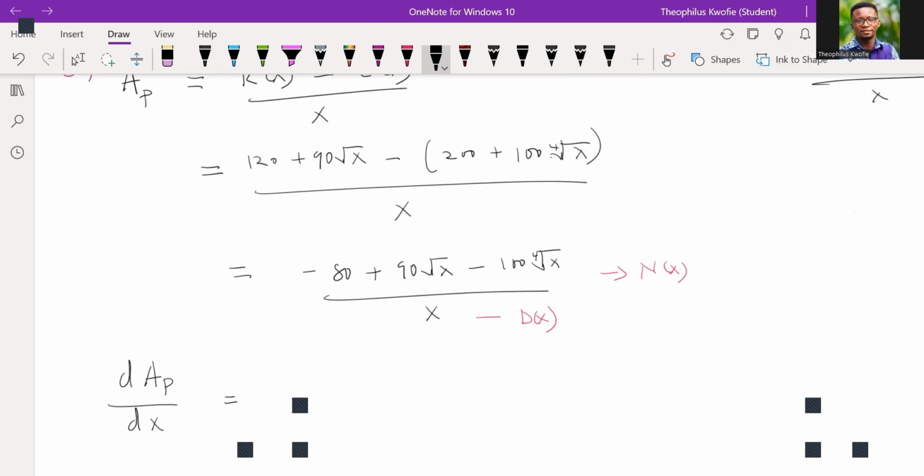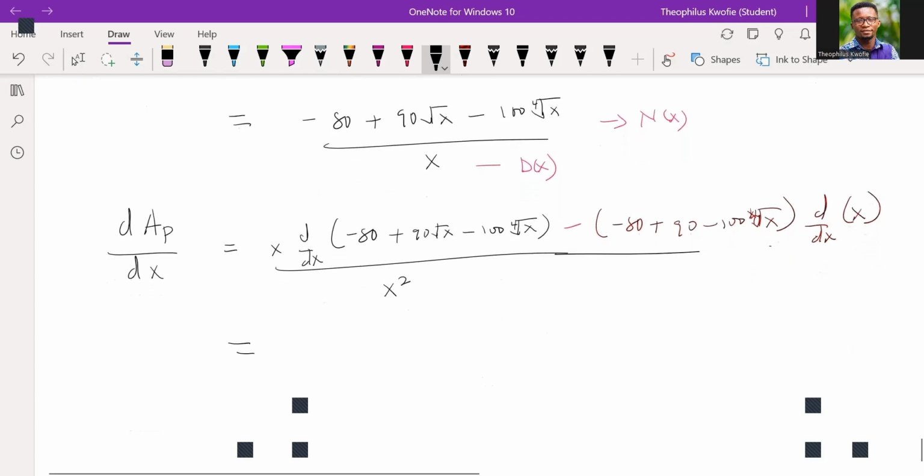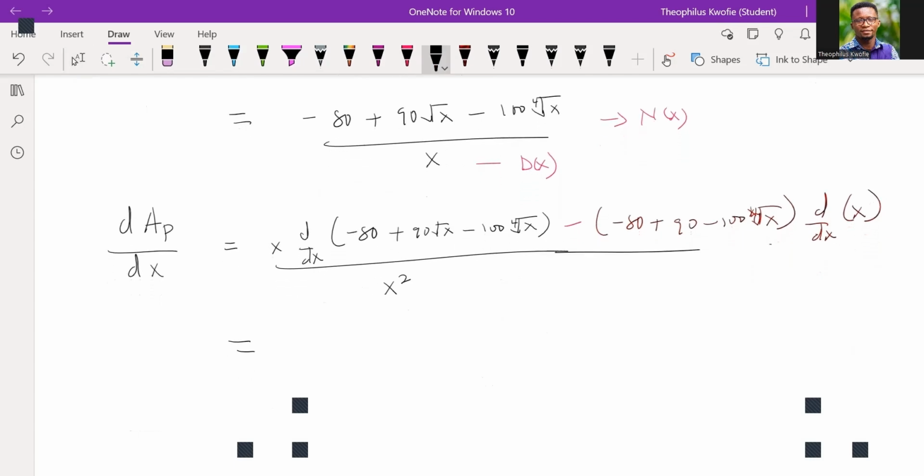We keep the denominator, so we keep our x at the denominator, then we square it, then we keep it at the top, then we differentiate the numerator, right? Good. Our numerator is minus 80 plus 90 root of x minus the fourth root of x. Then we differentiate our x. Then when we differentiate and simplify, we should get something.